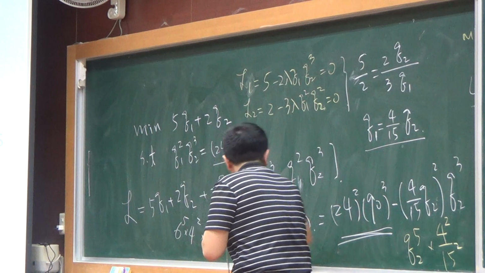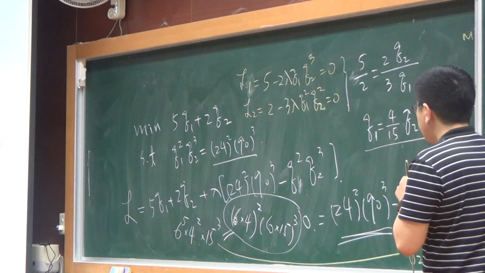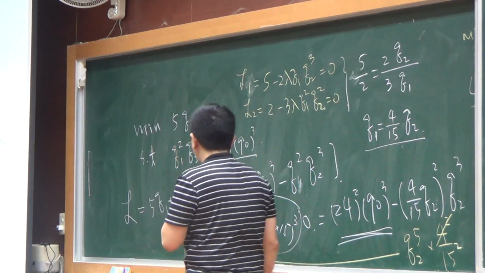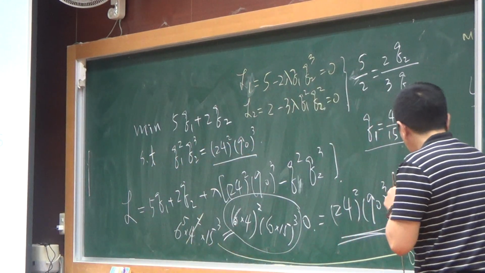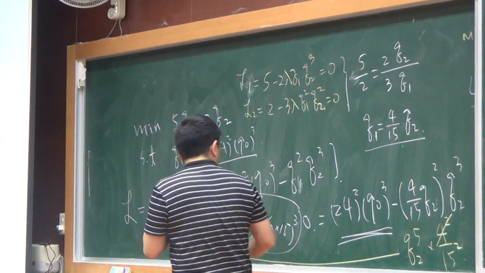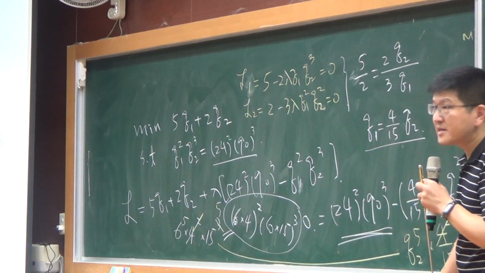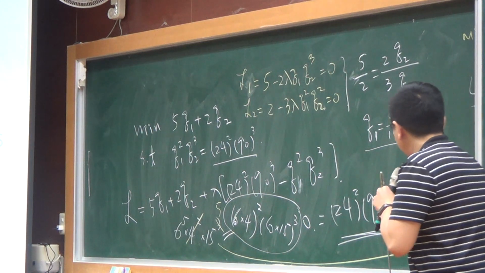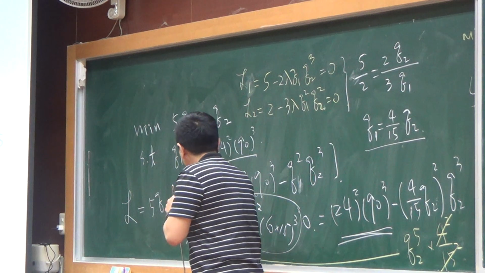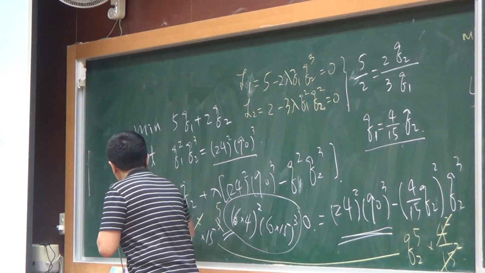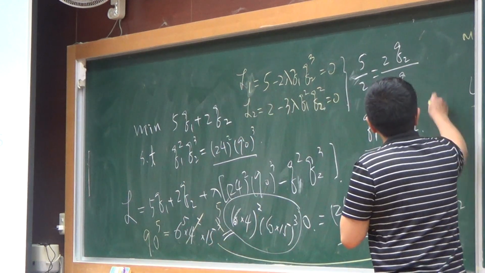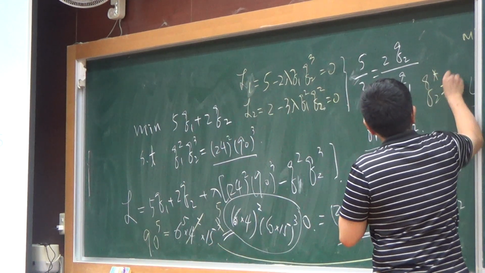So this equals this, and 4 squared and 15 now is 5, right? So Q2 to the power of 5 would be 6 to the power of 5 and 15 to the power of 5. It would be 90 to the power of 5. Okay? So Q2 star would be 90.